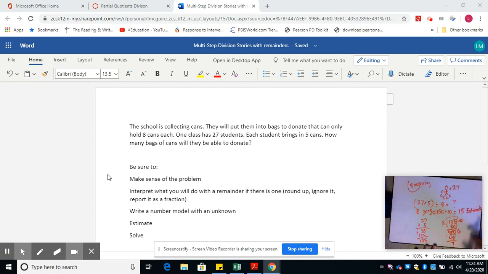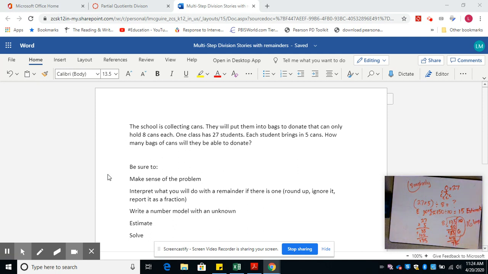And I end up with 7 cans left over. So what am I going to do with that remainder, right? So I can do 16 total bags when I add up my partial quotients. What am I going to do with that remaining 7?